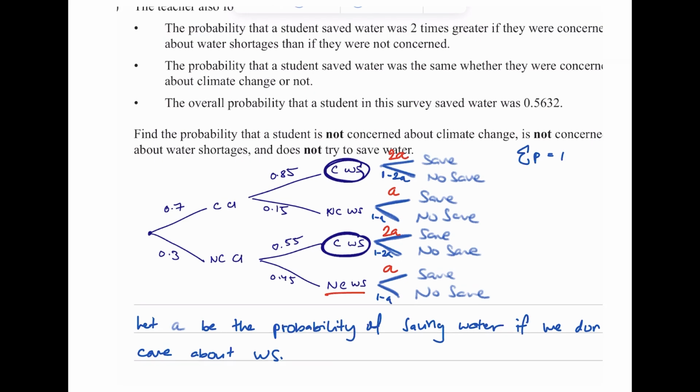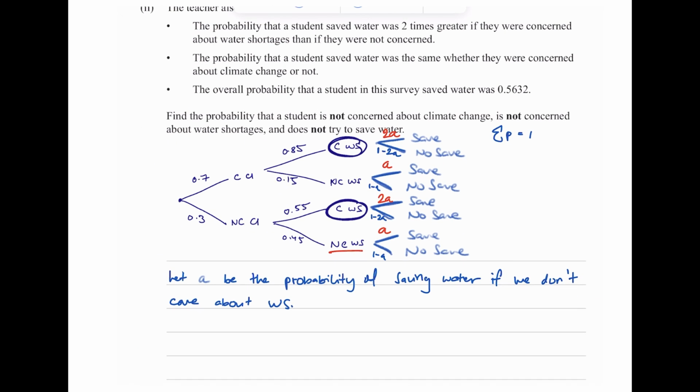Anyway, let's get back to the problem at hand. So what's the next part? The probability that a student saved water was the same whether they were concerned about climate change or not.